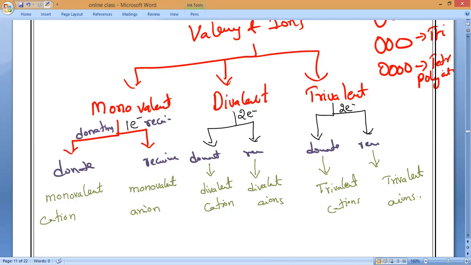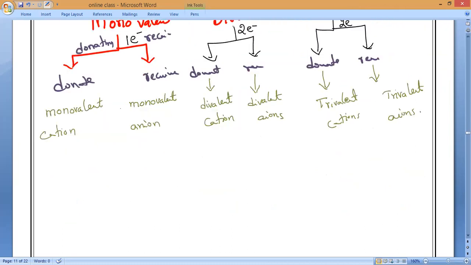Any doubt in this? No, sir. Now, you can tell me the examples. Monovalent cation means one electron is donating. Can you tell me examples? At least one example.